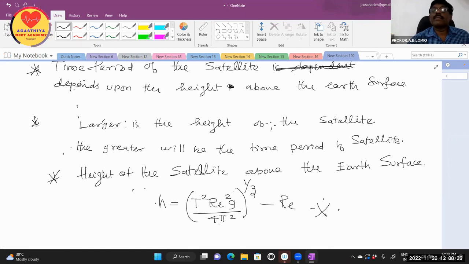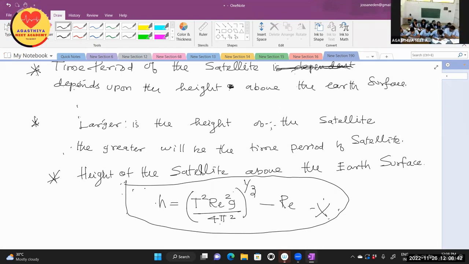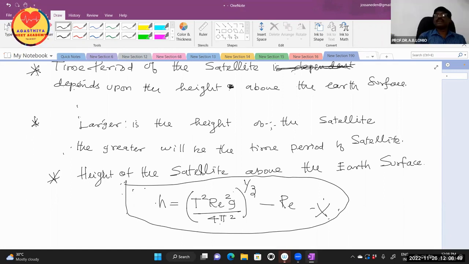This is the governing formula to find out the height of the satellite above the Earth's surface, where T is the time period, R is the radius of the Earth, g is the acceleration due to gravity.